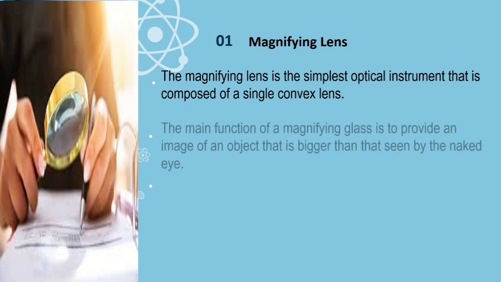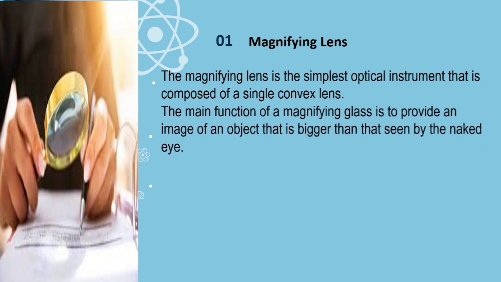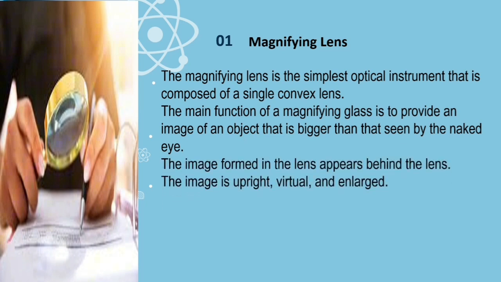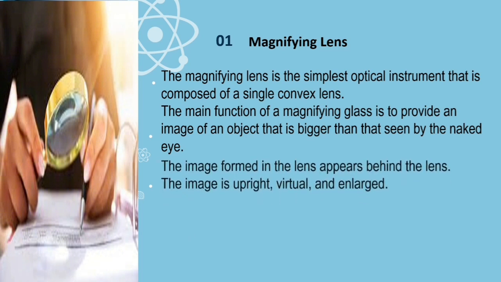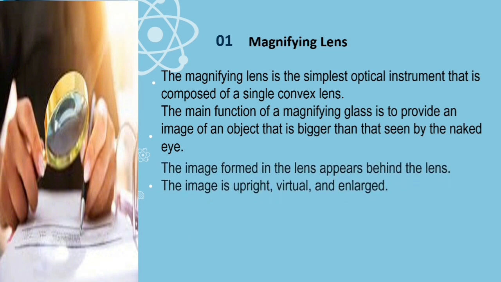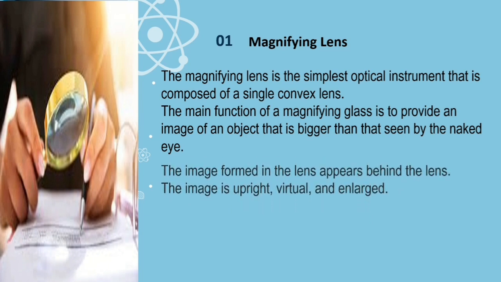If your answer is to provide an image of an object that is bigger than seen by the naked eye, then you are correct. But if we are going to describe the image formed in this magnifying glass, what will be the image? Great job! The image formed in the lens appears behind the lens, and it is upright, virtual, and enlarged.